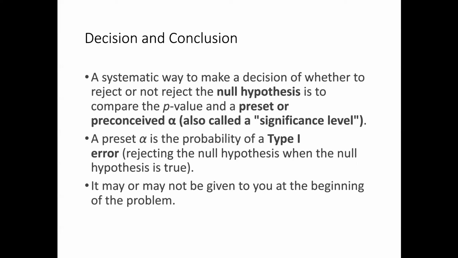So if type 1 errors are significant to you, you want to make alpha as small as possible. Typically, alpha is 0.05. That's a very typical number that we use. And if it's not given to you, that's typically what you use, 0.05.